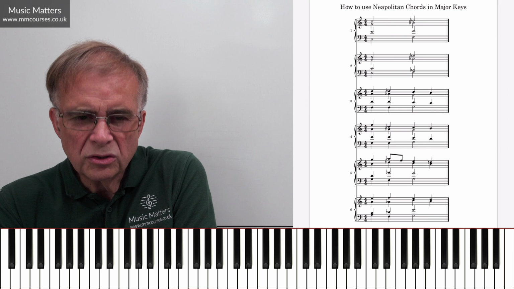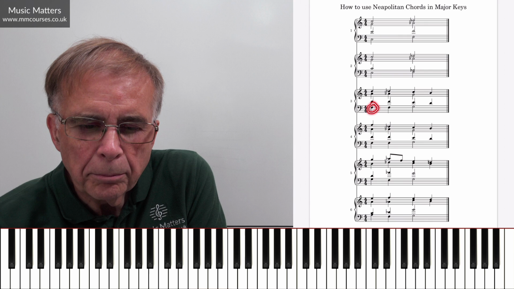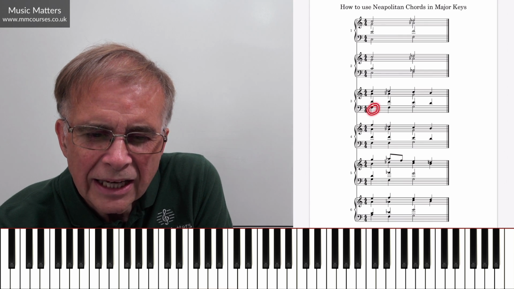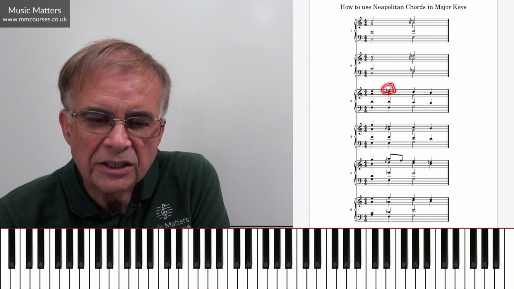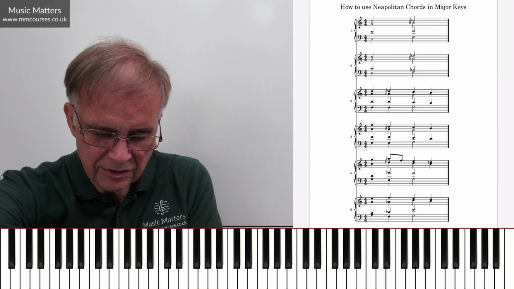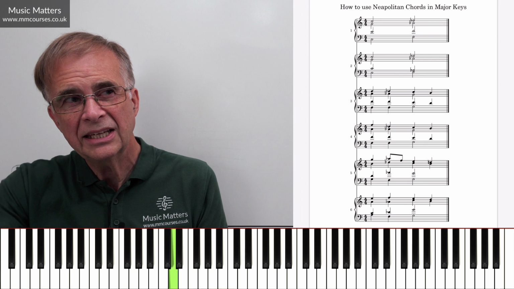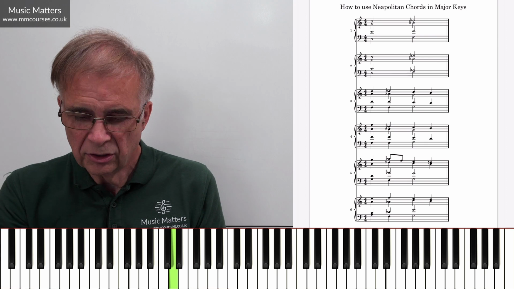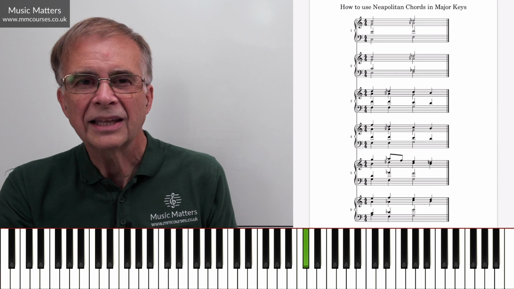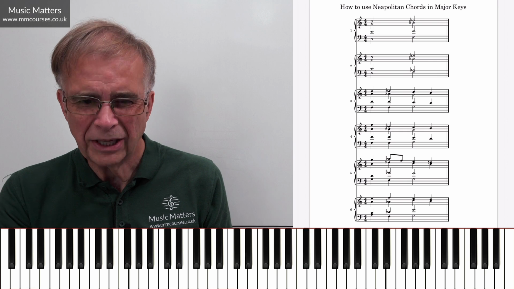Well, you could use it in root position, but if I had a D in the bass there instead of an F, I would be following a D natural in the bass with a D flat in the soprano, which gives me false relations, all right? So if I've got one note in one part, and then in a different part, in a different octave, I've got the same note with a different accidental following it, that's called false relations, and it just sort of jars a little bit on the ear, doesn't it?